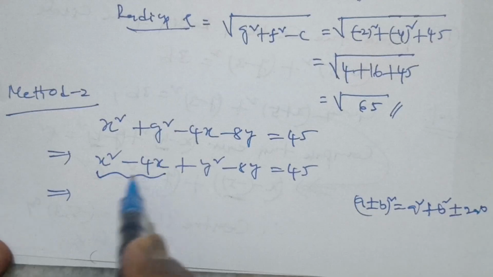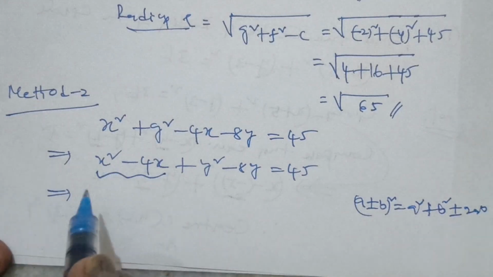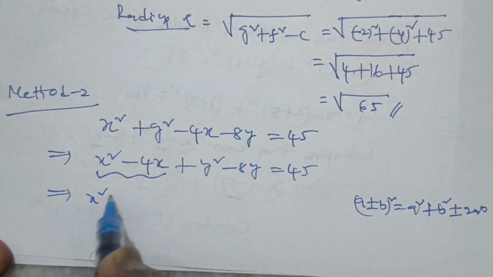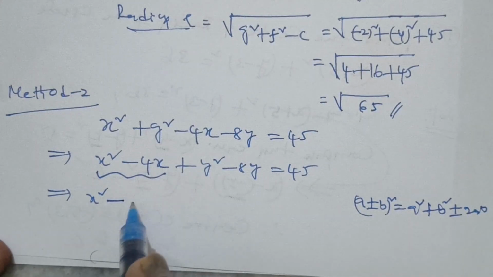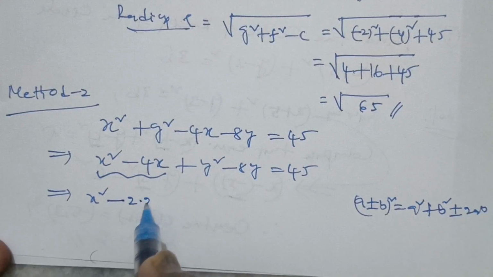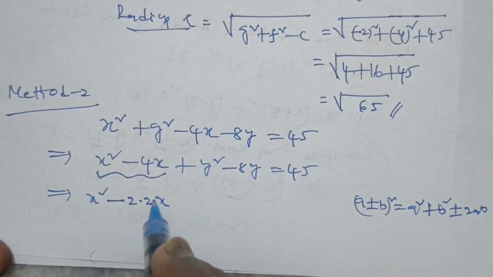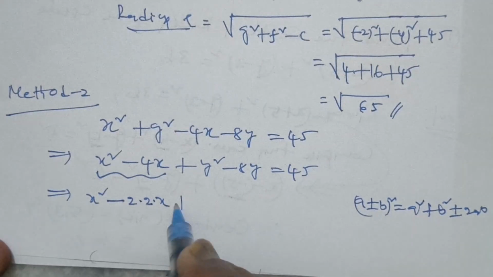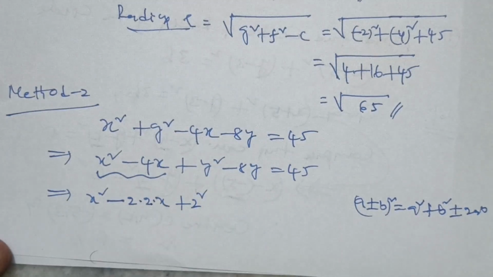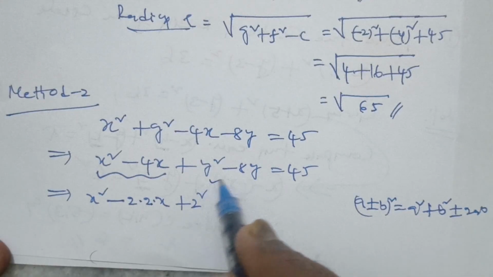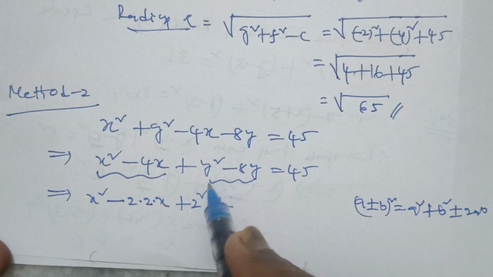Now coming to the x values here, x square minus 4x is there. We need to complete the square of x by adding b square. 4x can be written in 2ab form, 2 into x into 2, plus b square means 2 square. So which is clearly the a square minus 2ab plus b square form.